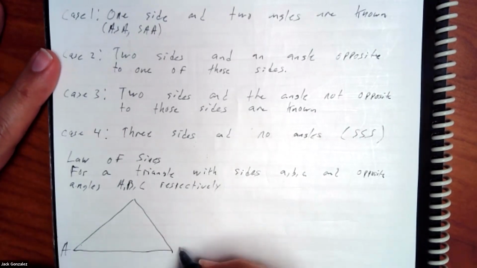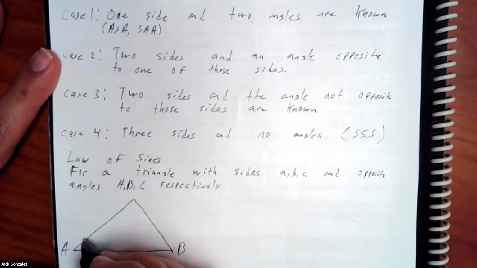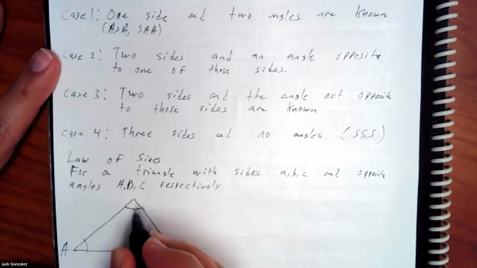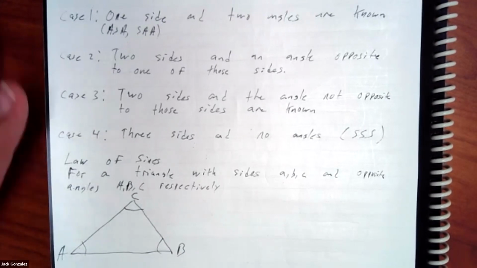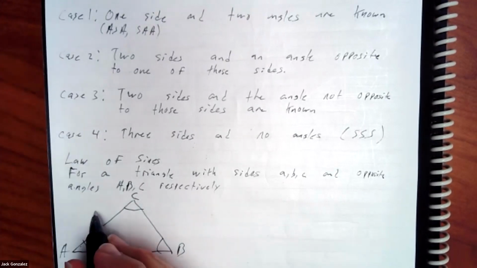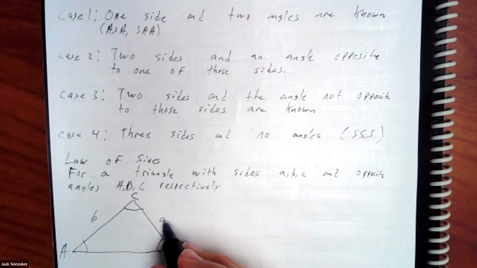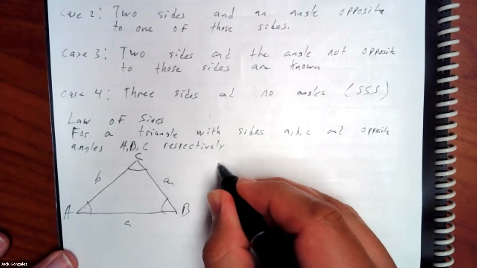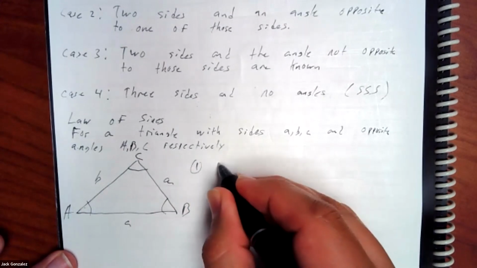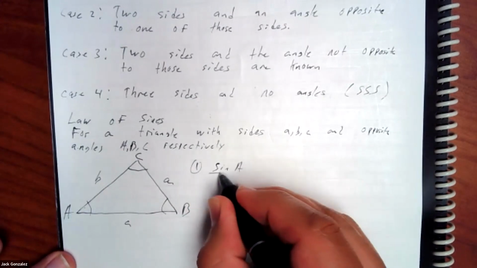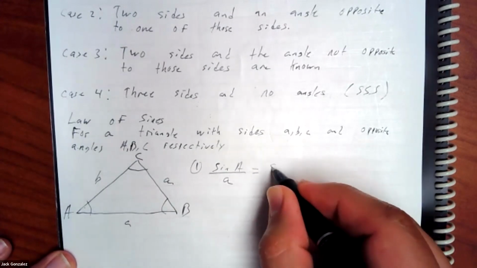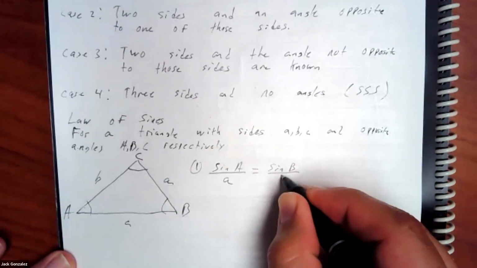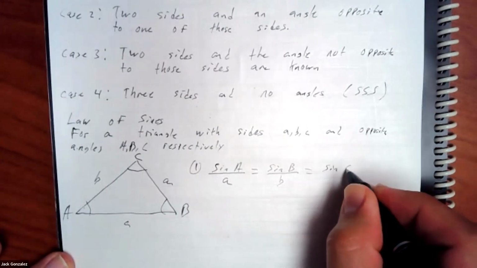Call the angles A, B, C, and then the opposite sides would be lowercase a, b, c. Given some triangle where you want to find these sides, you use the following ratios. I'm going to call this number 1. Sine A over little a is equal to sine B over little b, which is equal to sine C over little c.